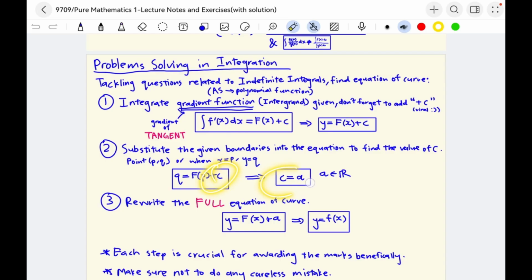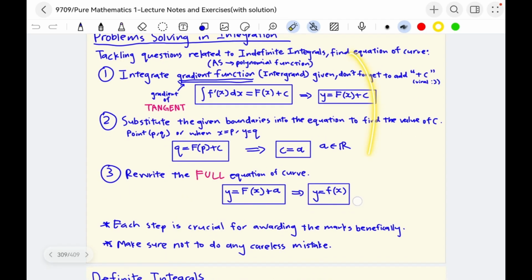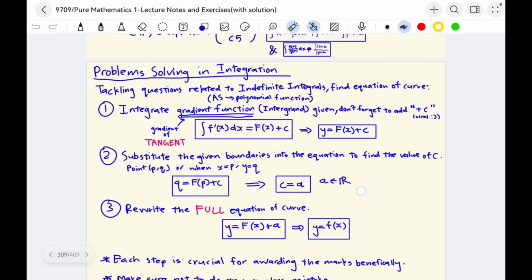And how to get plus c? Boundaries. After the boundaries are inserted, the plus c is a real number. After we get plus c, what should you do? Get the equation of the curve. How? Rewrite it again, plus the value that you have found. That's all. Okay? So I'm not going to talk about this too much.